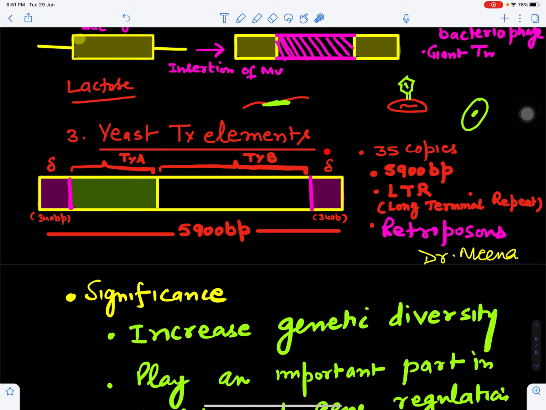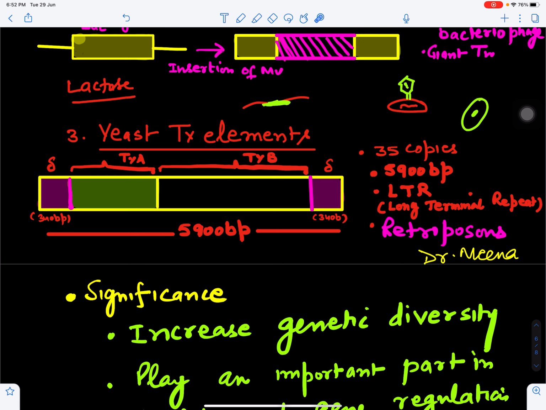The yeast TY element has 35 copies. This is made up of 5900 base pairs, and they have long terminal repeats. It's not inverted terminal repeats, they have long terminal repeats. These are also found as retroposons. So the total length is 5900 base pairs.